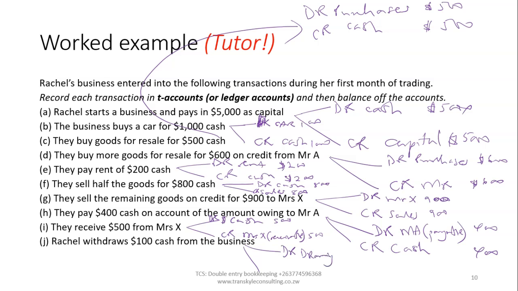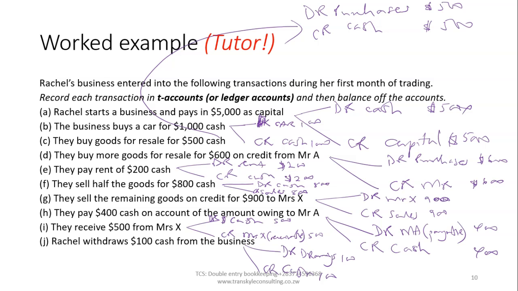This is a reduction of the business cash. Russia is receiving money, so debit drawings, $100, drawings or withdrawals, and then we have to credit cash because the cash account is reducing.